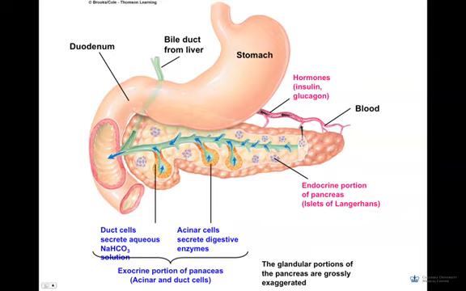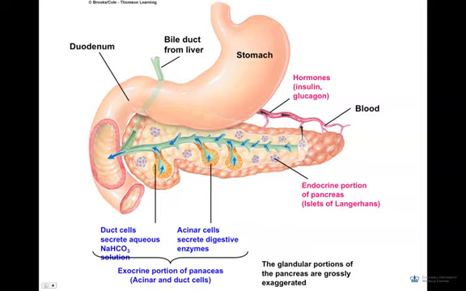And you can see the exocrine portion of the pancreas, the pancreatic ducts, that produce the sodium bicarbonate solution and all of the digestive enzymes that then get mixed with bile and are secreted into the duodenum and are absolutely critical for food digestion.